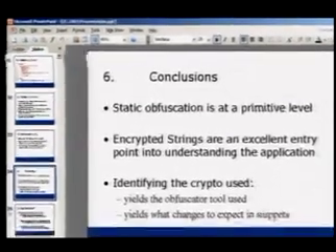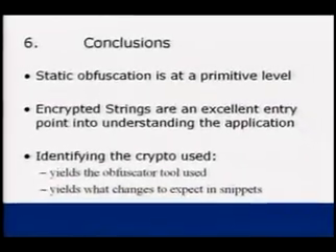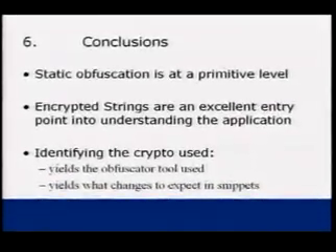To finish off, we have pretty much obfuscation being at a primitive level today. I think it's something that we're going to see a lot more. It's very frustrating as an idea for people that spend time reverse engineering, because it's regarded as a middle tier.